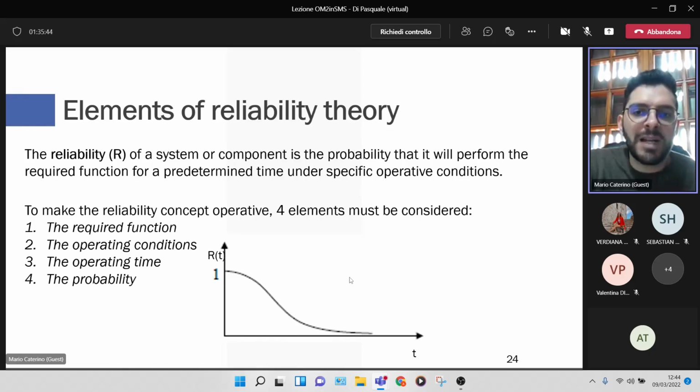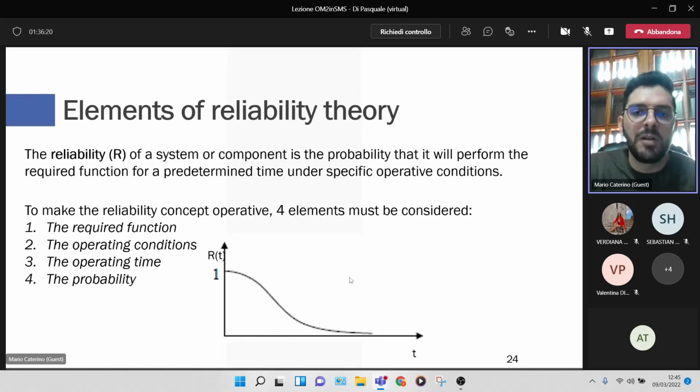The operating conditions concern instead the range of possible operating conditions in which a system can work. As I said before, a car can be designed to work in a temperature range between -15 and +50 degrees, or other operating conditions can be related to the completion of a trip with different load conditions.